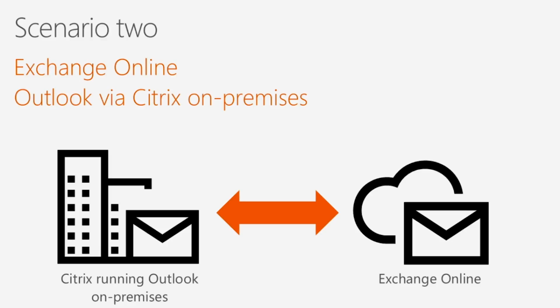Now, in a persistent mode, we would use an offline store to deal with any intricacies that might develop from that latency. So if my connection drops to Exchange, I've got an offline store with my cache that's going to take that hit for me so that the end users don't notice that there's a problem.